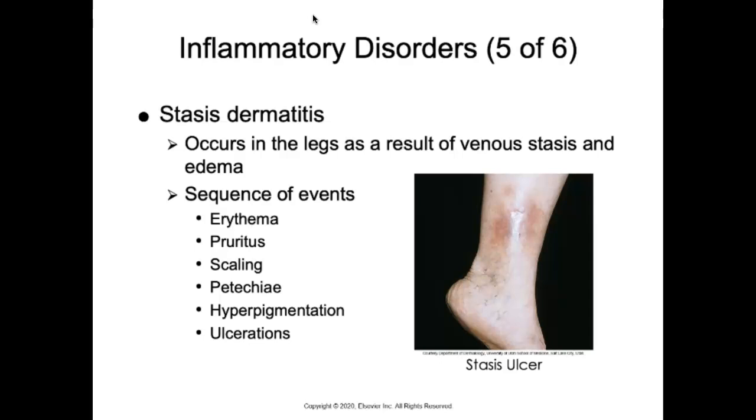This then widens the interendothelial pores, and we get red blood cells that get deposited along with fibrin and other macromolecules that make them unavailable for any type of repair and promotes inflammation. So some clinical manifestations are erythema first, then we get some pruritus, then some scaling, petechiae, hyperpigmentation, and ulceration, especially in the areas of the ankles and pretibial right along the shins.